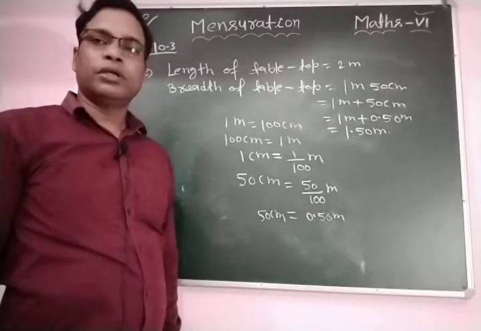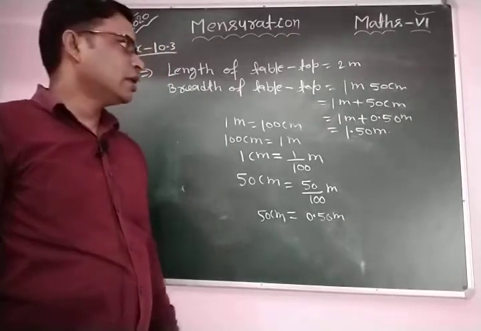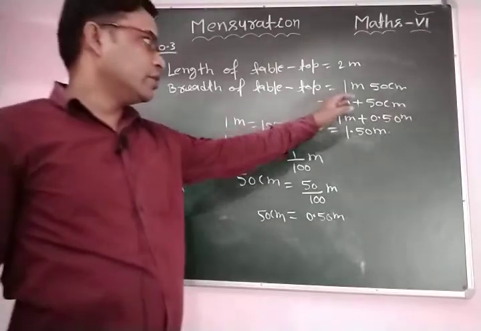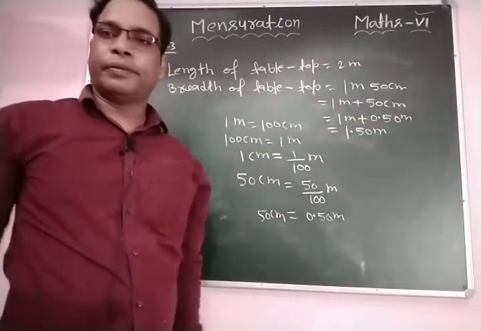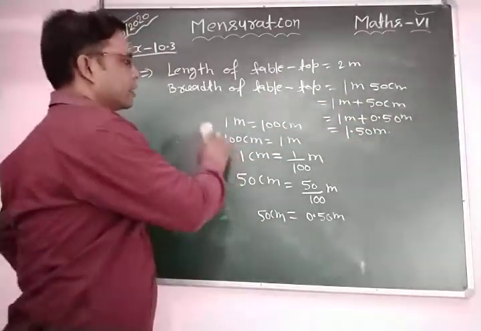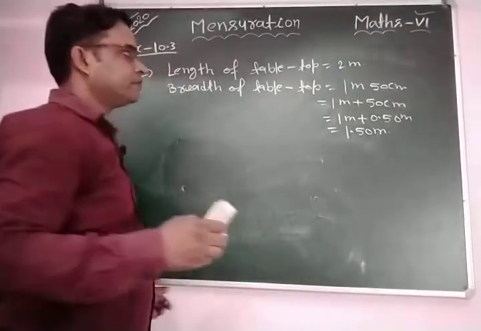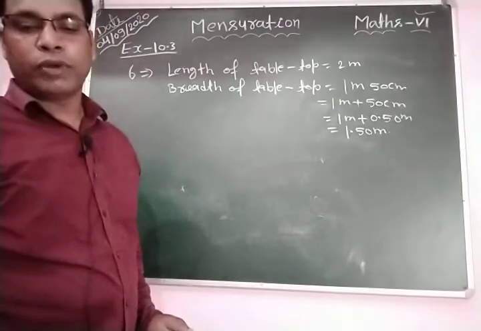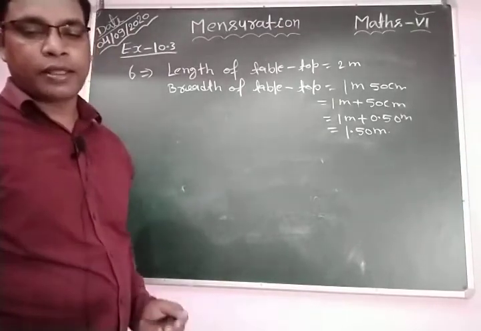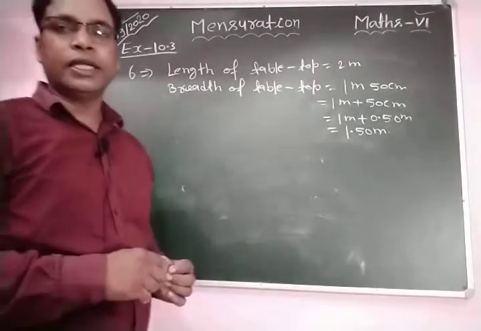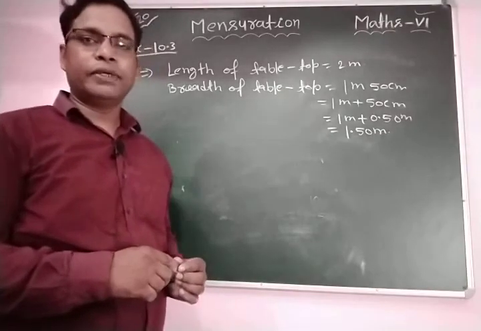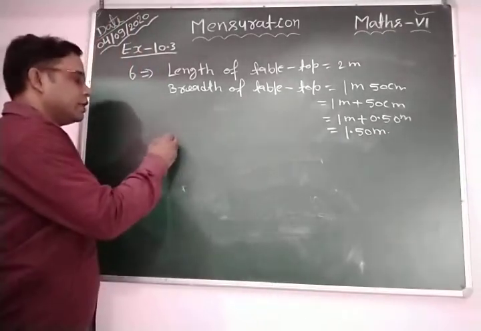In this way we convert 50 centimeter into 0.50 meters, and our total breadth is 1.50 meters. Now we find the area of the tabletop.